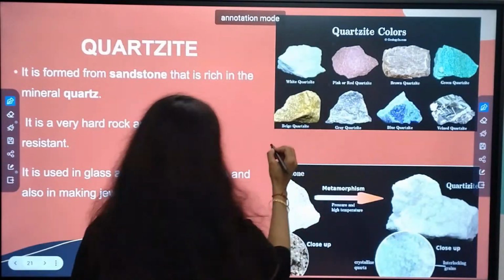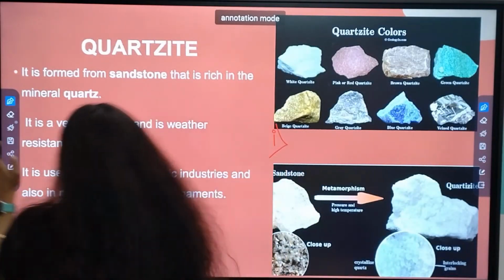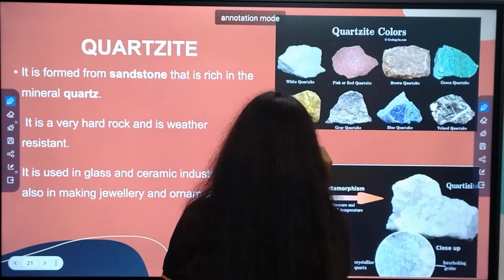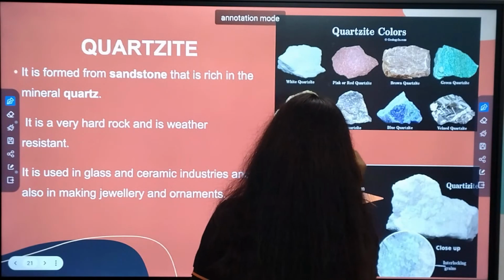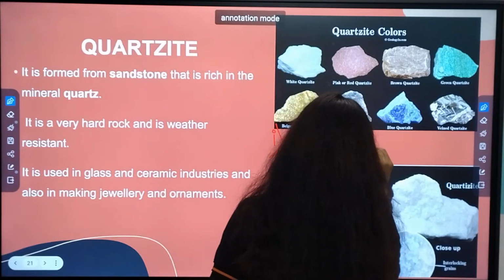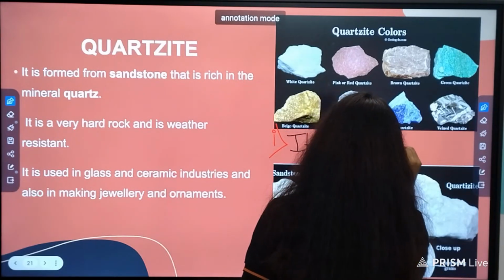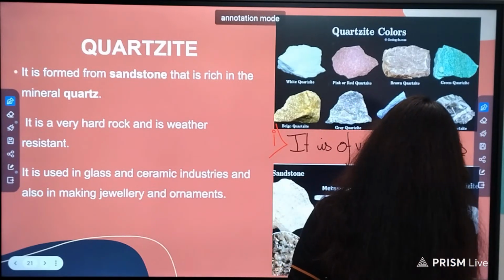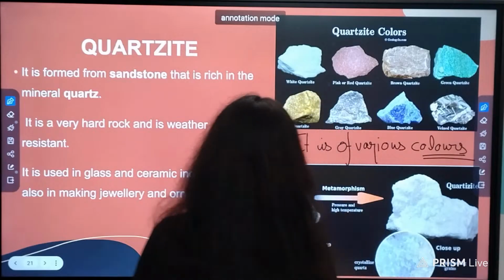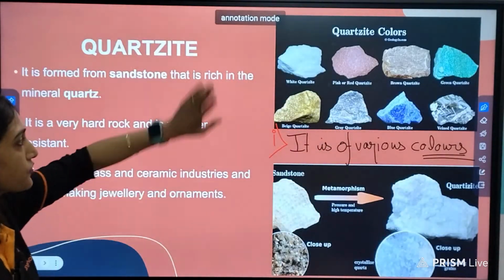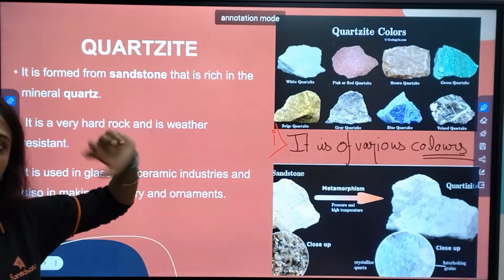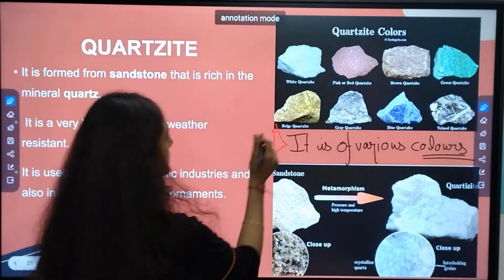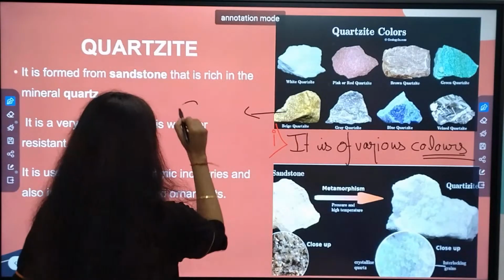So the main first point of quartzite is it is various colors. Okay, and it is formed of a very soft, again sedimentary rock. And which sedimentary rock? This time it is formed of sandstone.